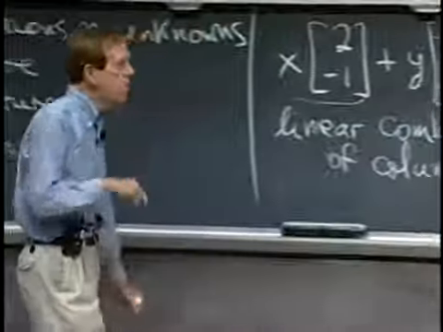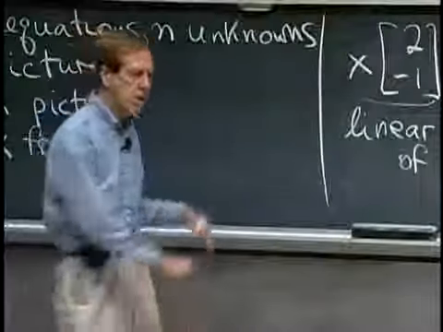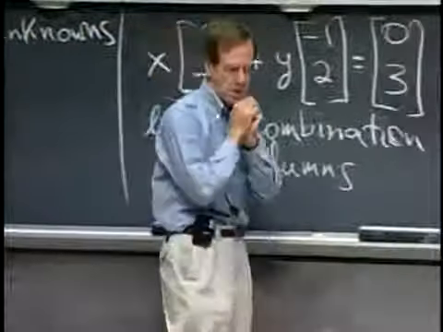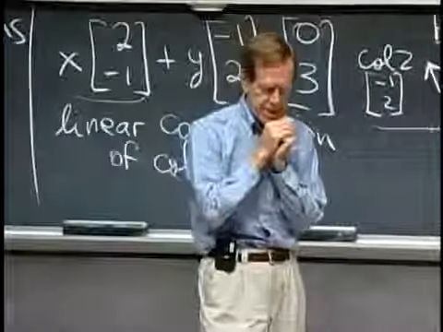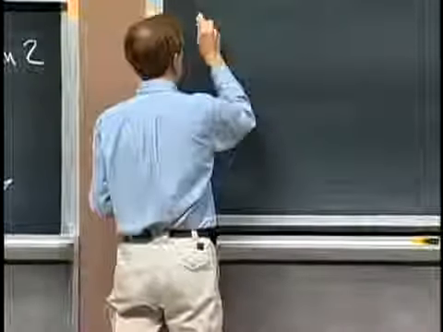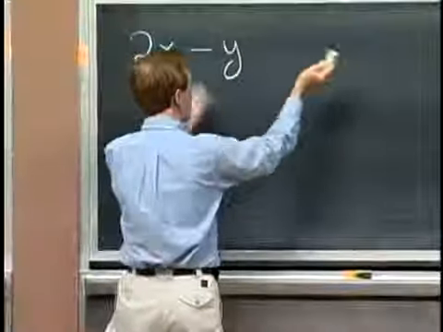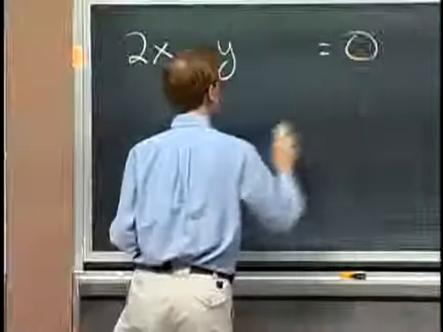Okay, can I move to 3 equations and 3 unknowns? Because it's easy to picture the 2 by 2 case. Let me do a 3 by 3 example. I'll start it the same way: 2x minus y, and maybe I'll take no z's, as a 0.